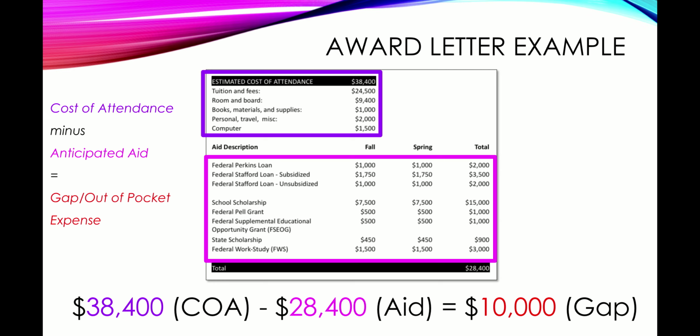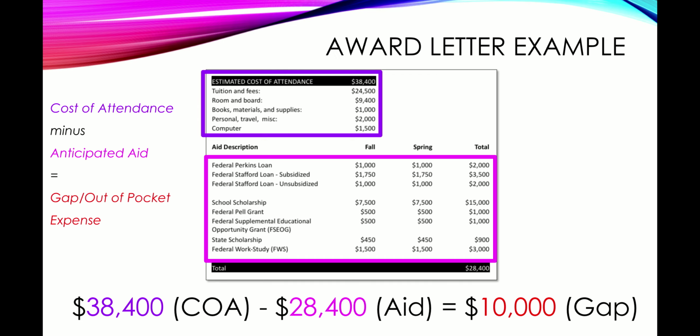Subsidized really just means that the government pays the interest on those loans while you're pursuing the degree program at least half time. The unsubsidized program means that the government does not subsidize the interest during your degree program, and that's an additional cost you will be responsible for. Okay, so that top section is the loan section.